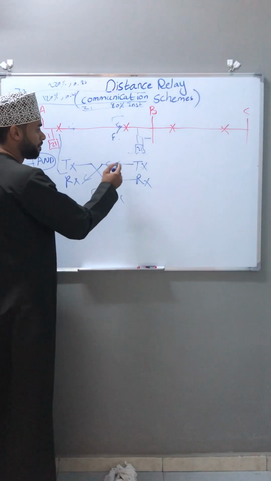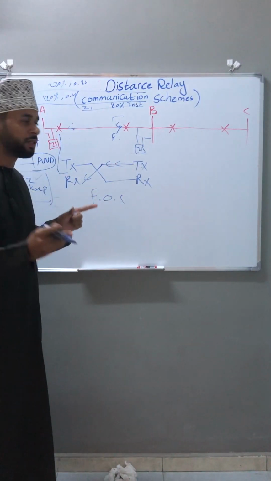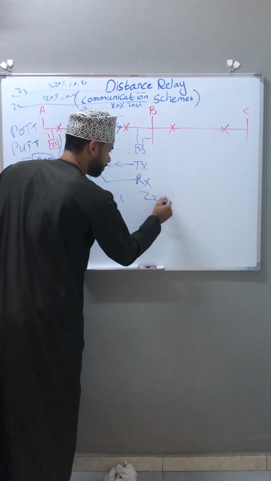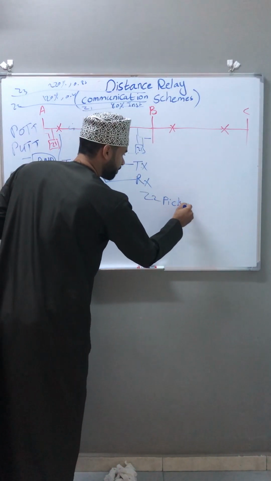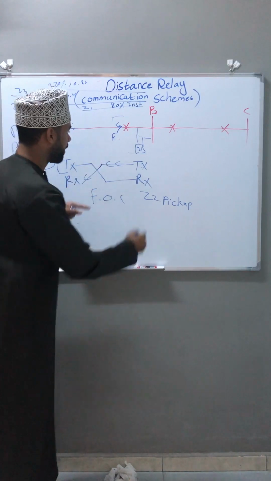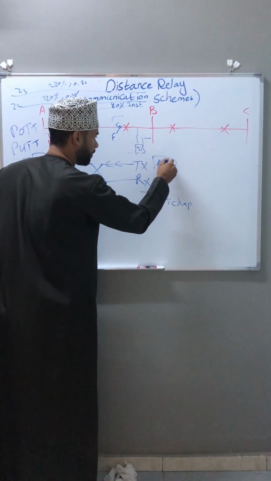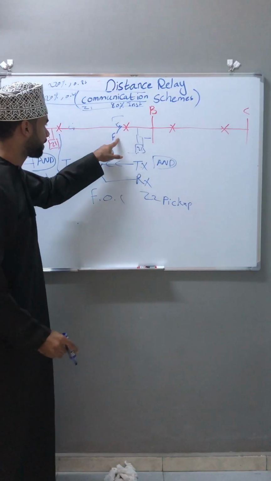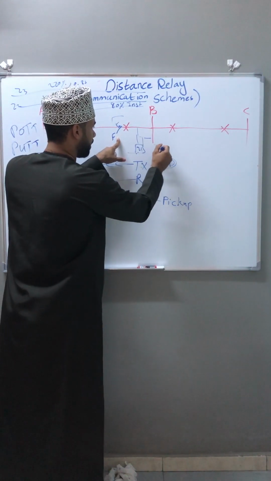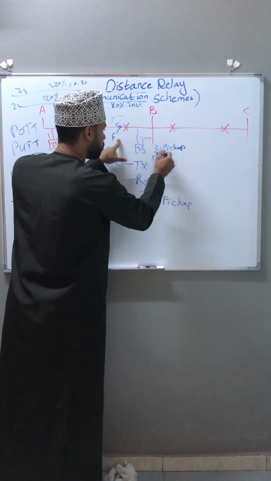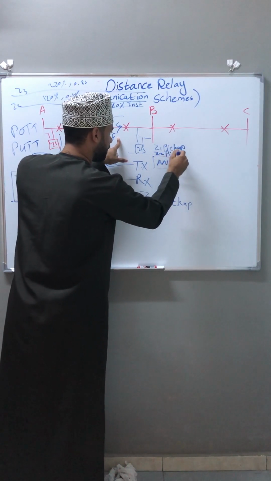Same things, but here in POTT, both distance relays must pick up zone 2. So again, here we will have an AND gate. When the fault is happening here, zone 1 will pick up. Then it will check that zone 2 should pick up.